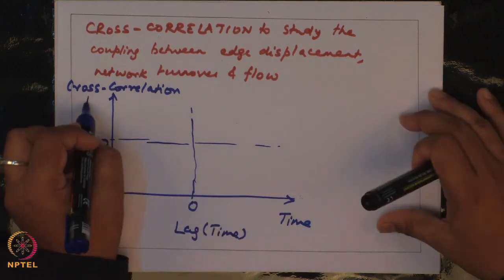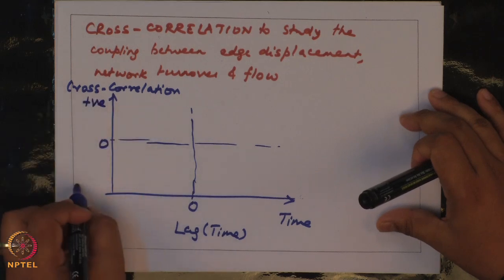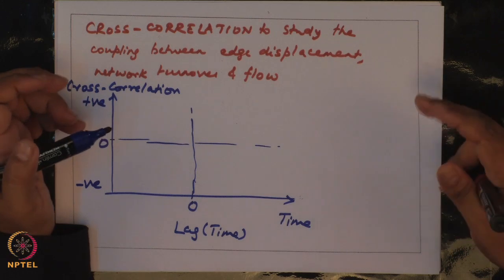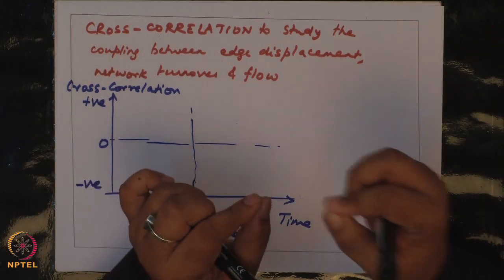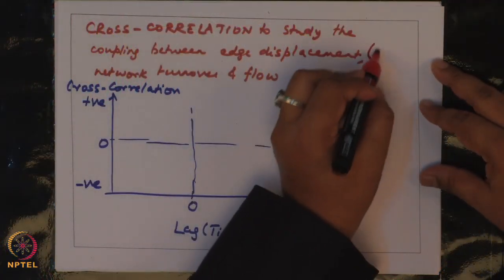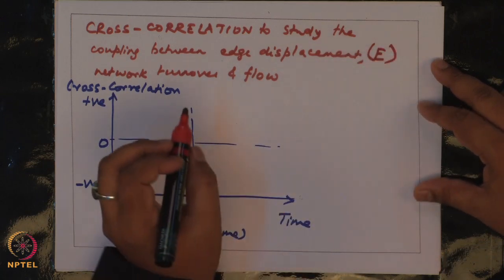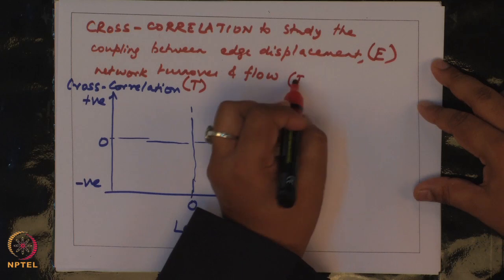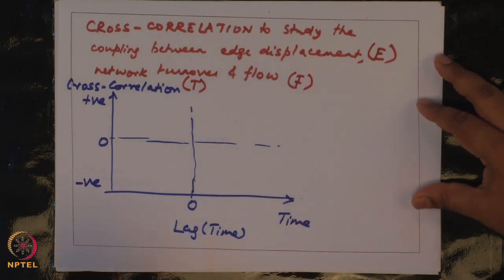You can have a positive or a negative cross correlation. A positive cross correlation between any two quantities would mean that if one is positive, the other also will be positive. What the authors found is that they did cross correlation between three things. Let me call the edge displacement E, the network turnover T, and the flow F.